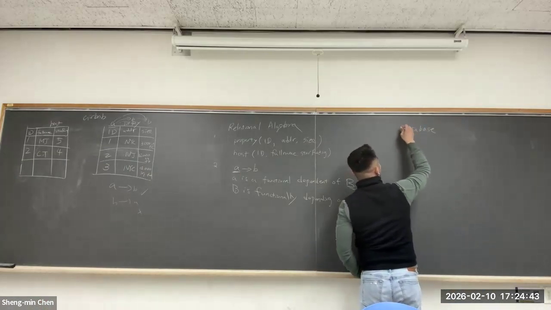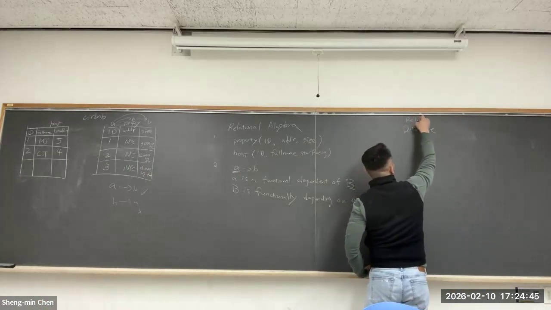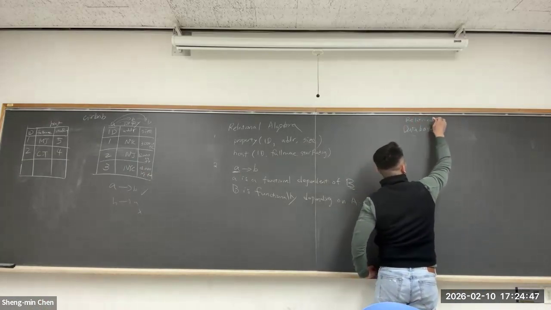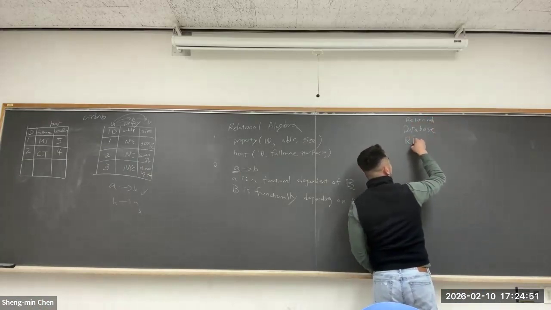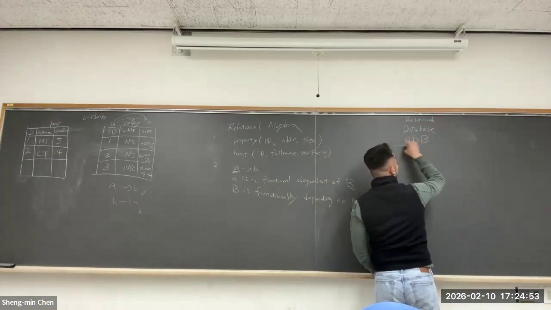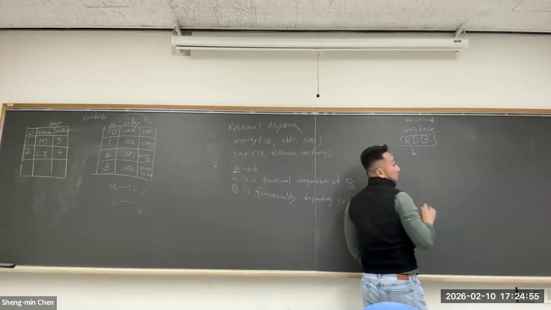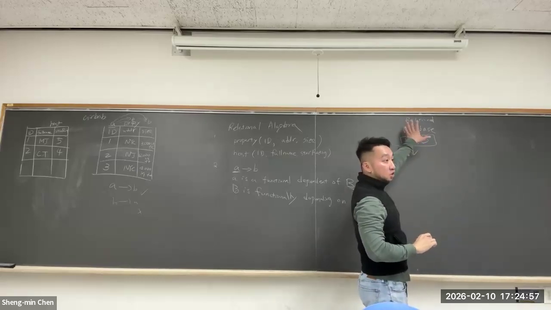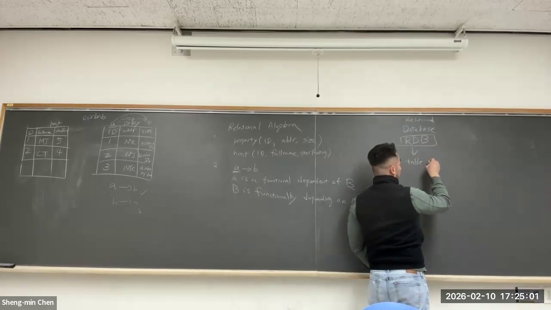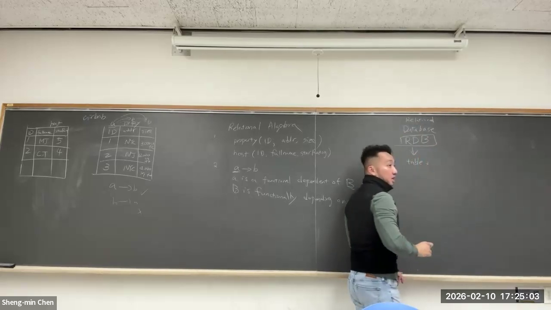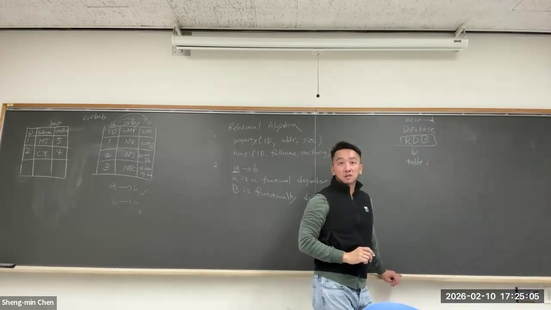Actually, let me put relation. Okay, so RDB. Then the next step, this unit, the next is what? Table, right? This is just to refresh our memory. What is a table also known as?